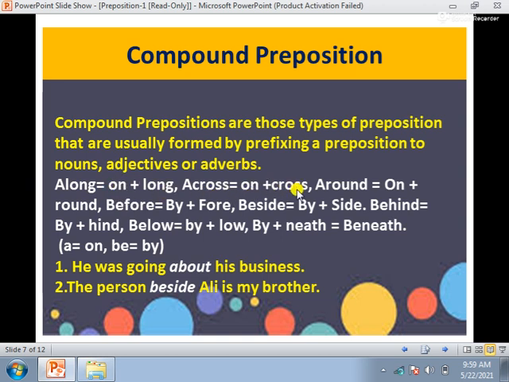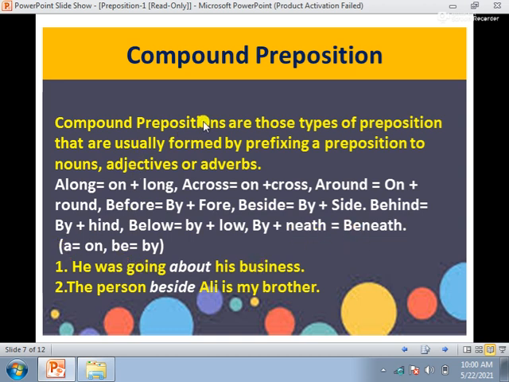Across, on plus cross. Around, on plus round. Here one thing is important, that a is equivalent to on. Next one, before, by plus fore. Beside, by plus side. Behind, by plus hind. Below, by plus low. Beneath, by plus neath.